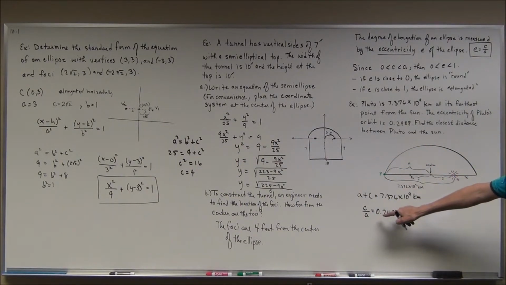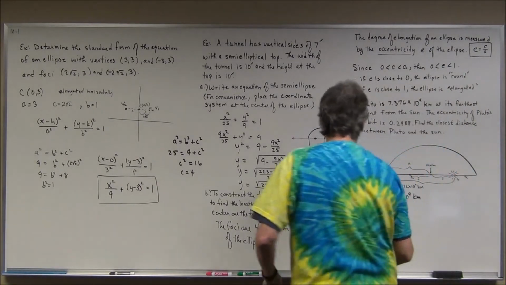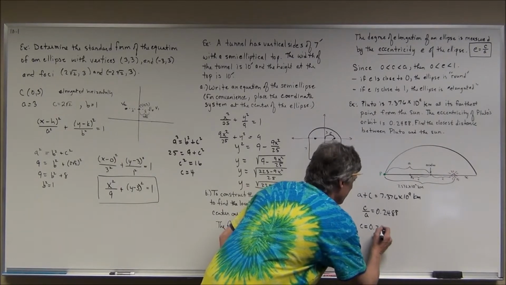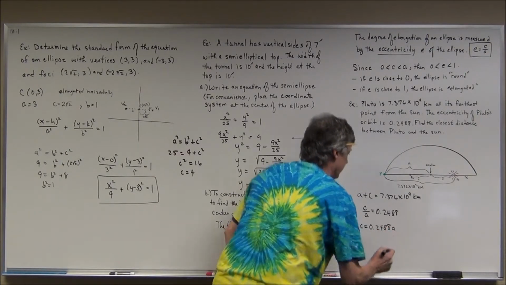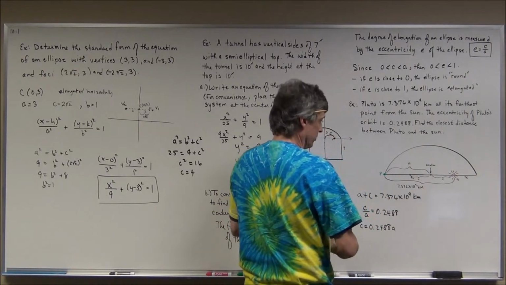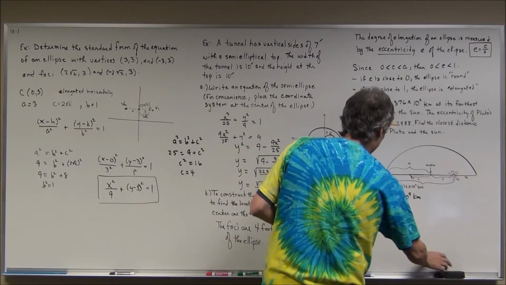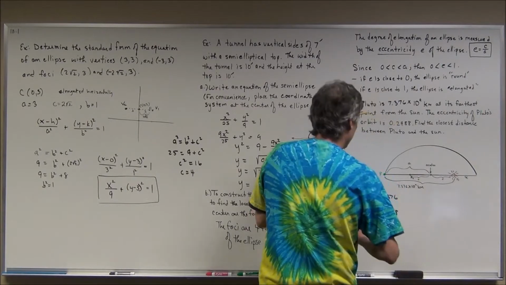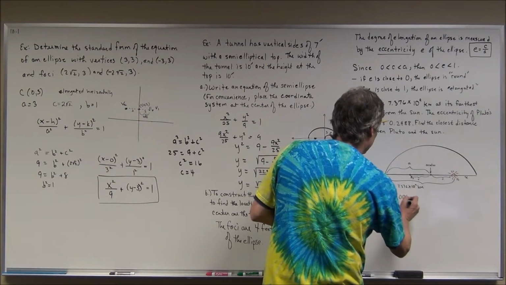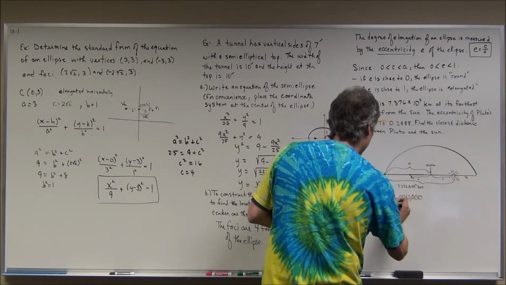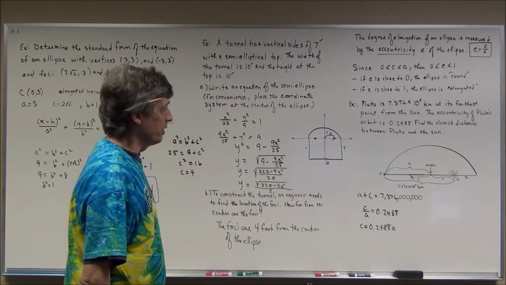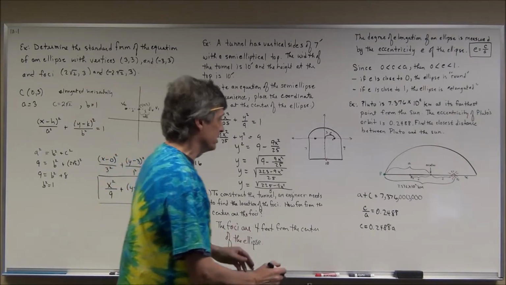I'm going to take this one, multiply both sides by a, and write c is equal to 0.2488a. And this one, I'm going to get rid of the scientific notation. It's times 10 to the 9th, so I'm going to need some zeros here. So that's 7,376,000,000.